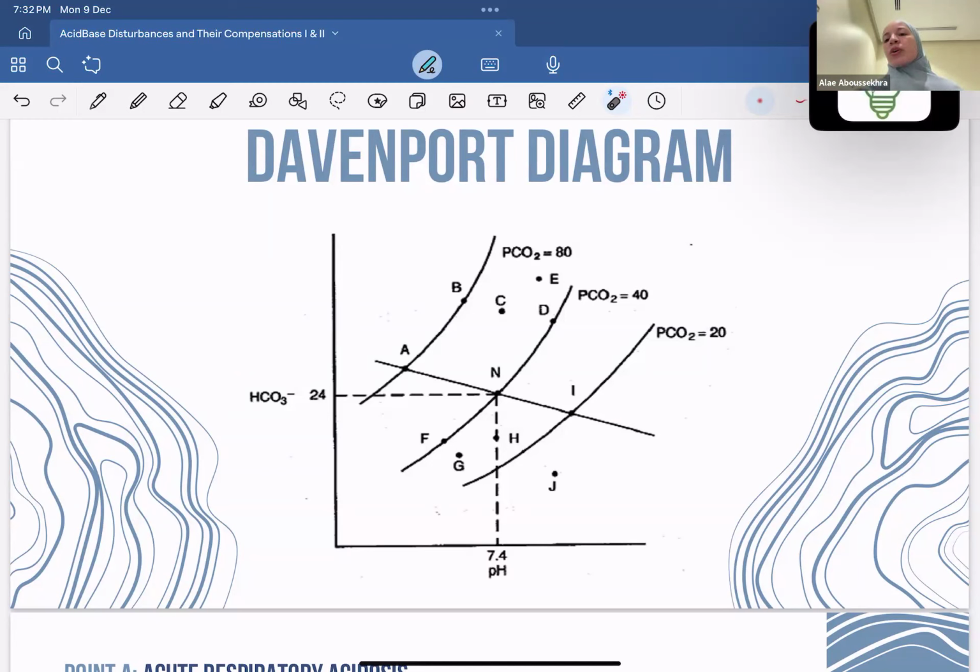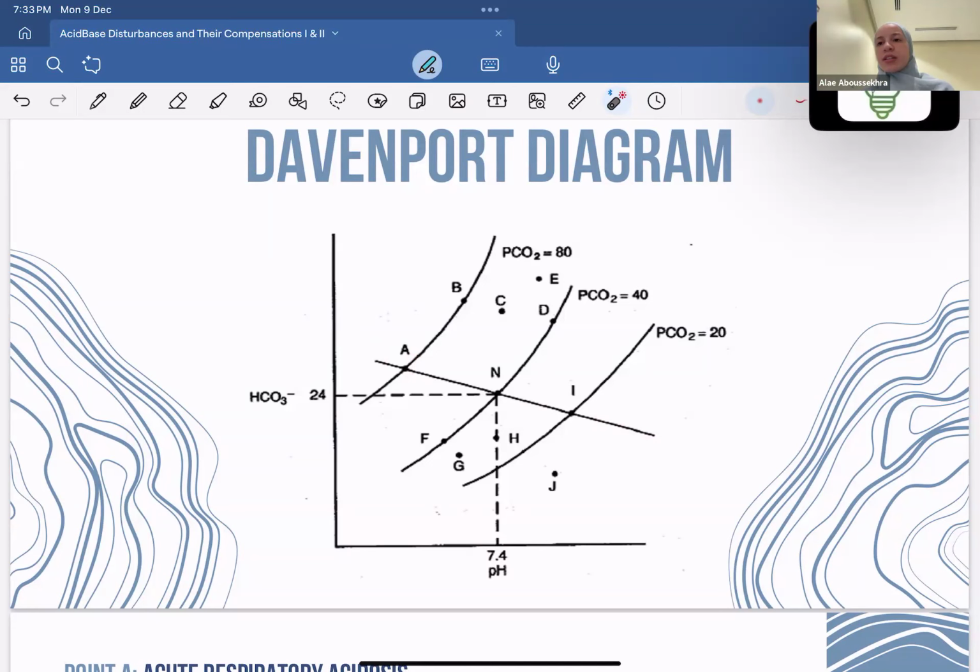So let's start with point A. If you look at it, it's on the buffer line. And if you notice, on the buffer line the bicarbonate doesn't really change. What changes as you move along it is the partial pressure of CO2.